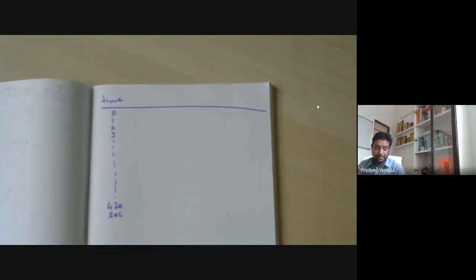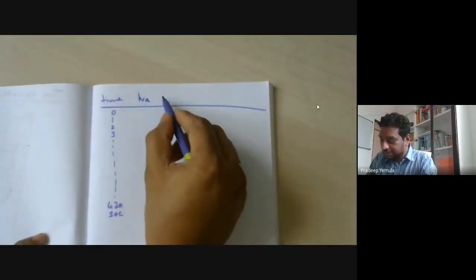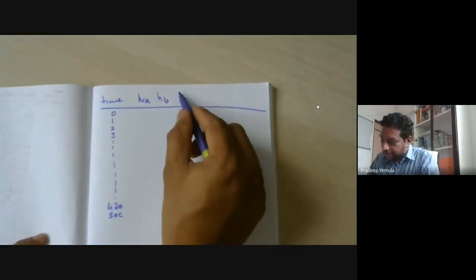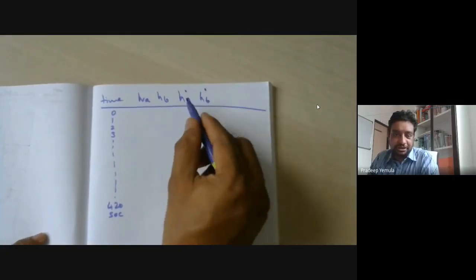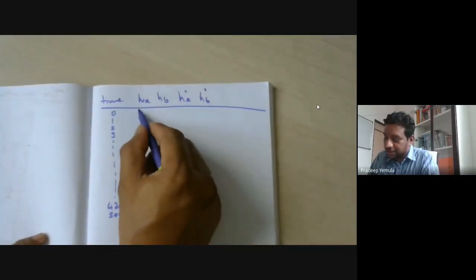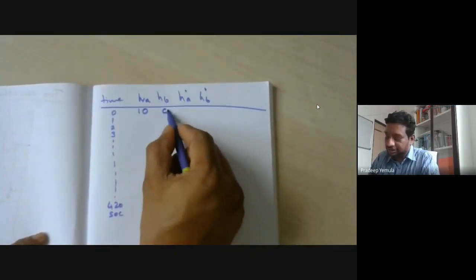That is HA value and then HB value. So both are required. Then HA dot, then HB dot. So this dot is nothing but the change in HA/HB. So initially this is starting with 10 centimeters, and initially this is starting with 0 centimeters.